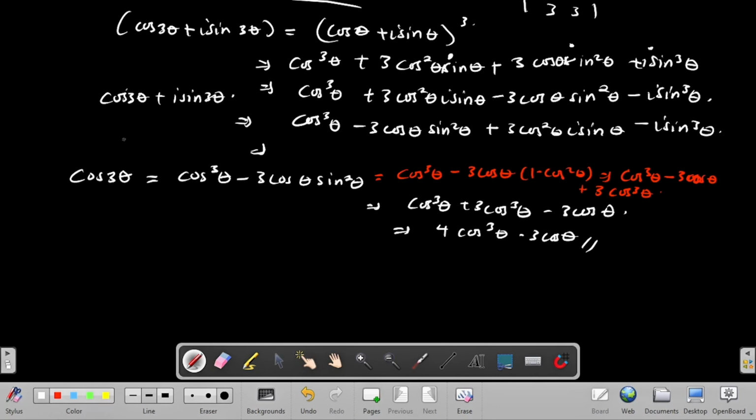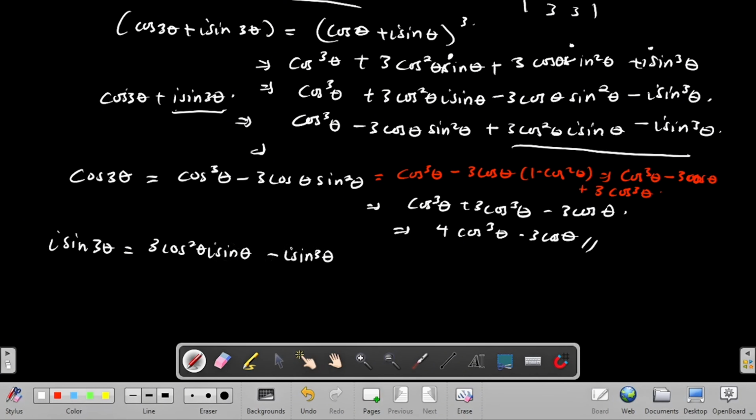The second part is this one, the imaginary part. So I sine 3 theta should give us all the imaginary parts which I grouped here. So I'll have 3 cos squared theta I sine theta minus I sine cube theta.